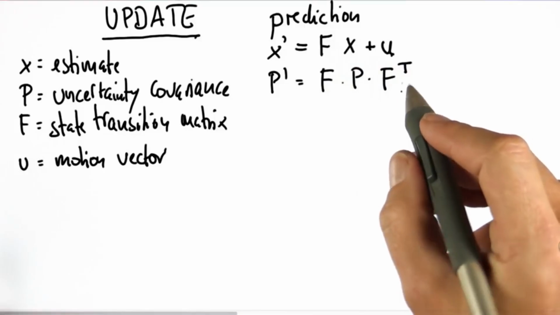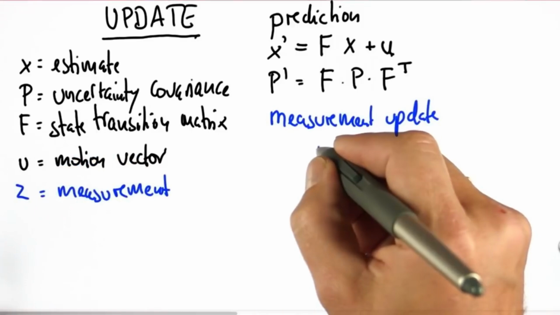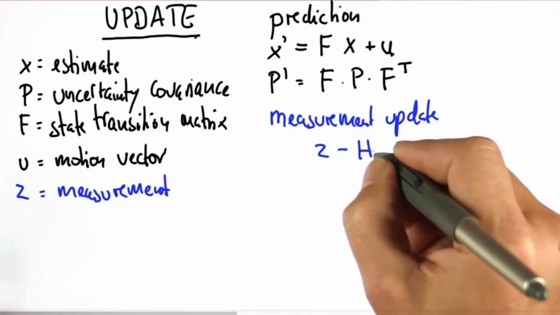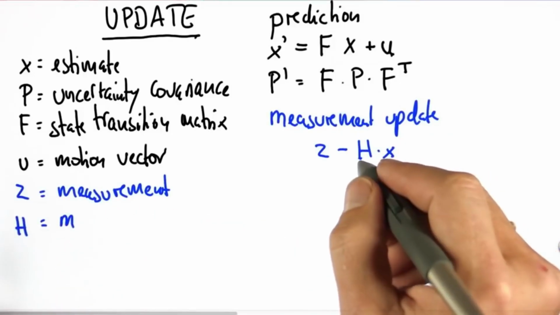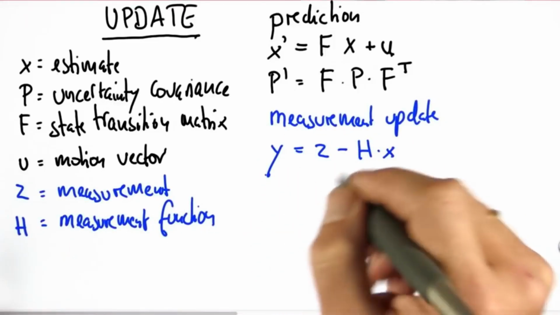There's also a measurement update step, where we use the measurement z. We compare the measurement with our prediction, where H is the measurement function that maps the state to measurements. We call this the error.